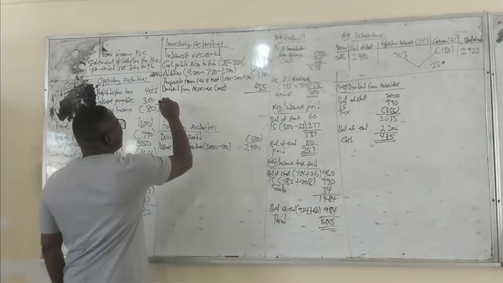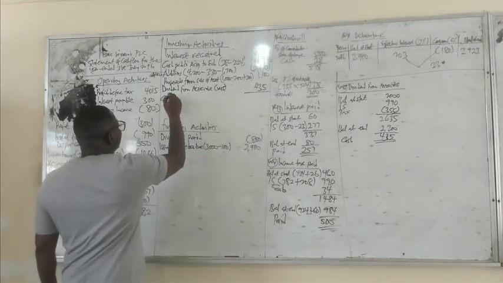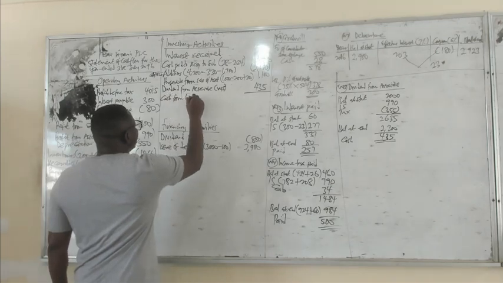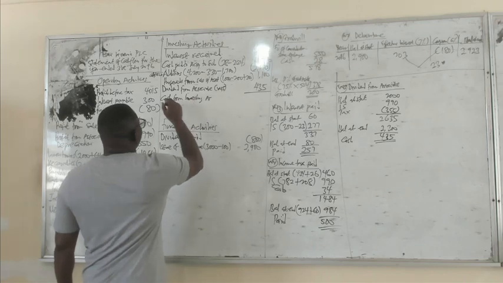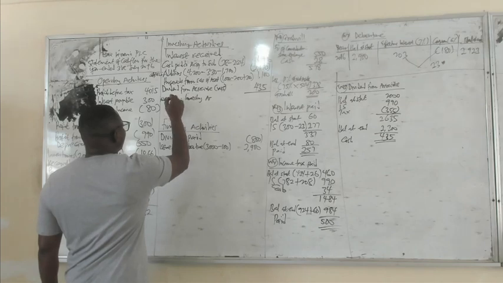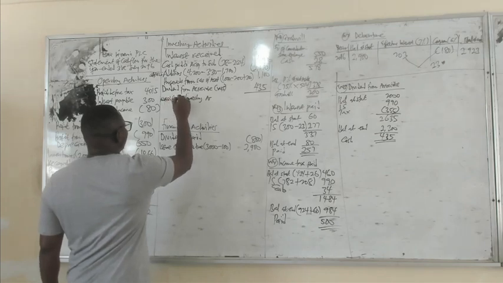So let's have cash from investing activities, or net cash flow from investing activities.